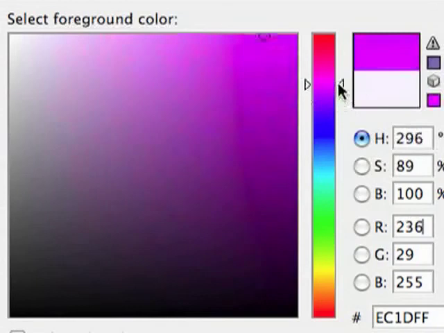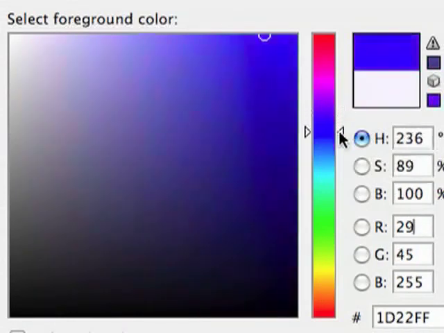Adobe Photoshop also has a colour picker. Here the hue is controlled by a slider on the right.